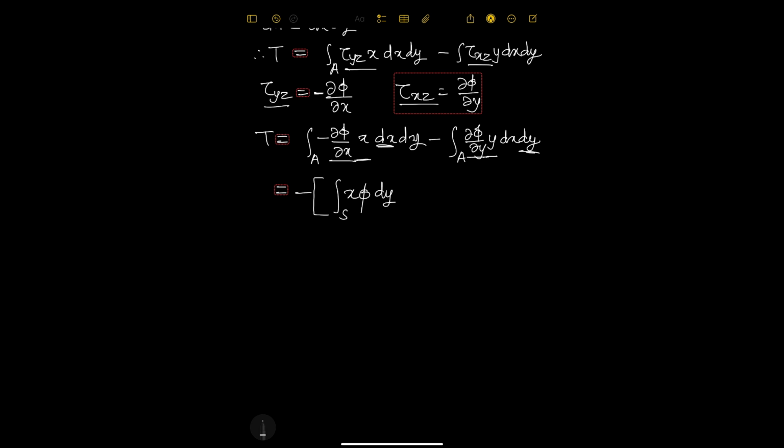So this is over the boundary of the cross section, minus integration of d by dx of x, which is 1, then integration of dou phi by dou x, which is phi, dx dy. So this is again over area A.